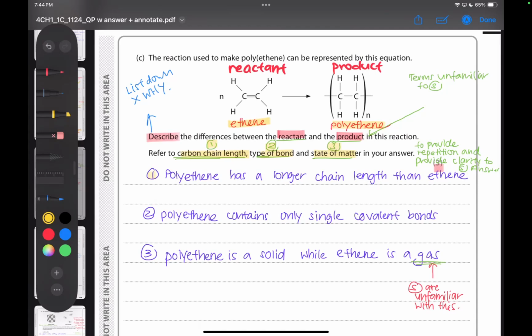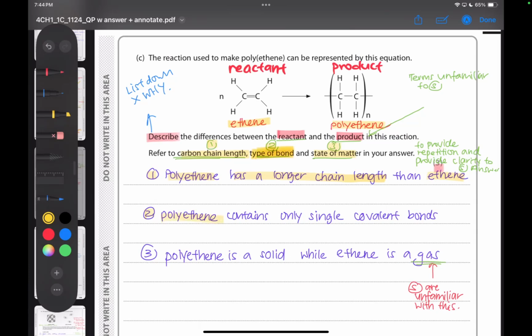So the first one, chain length. Polyethylene, which is the plastic, in this case the product, has a longer chain length than ethene. You should be able to identify ethene, right? If not, you could say the product has a longer chain length than the reactant. That's also fine. Then number 2, because we want to talk about type of bonds now.